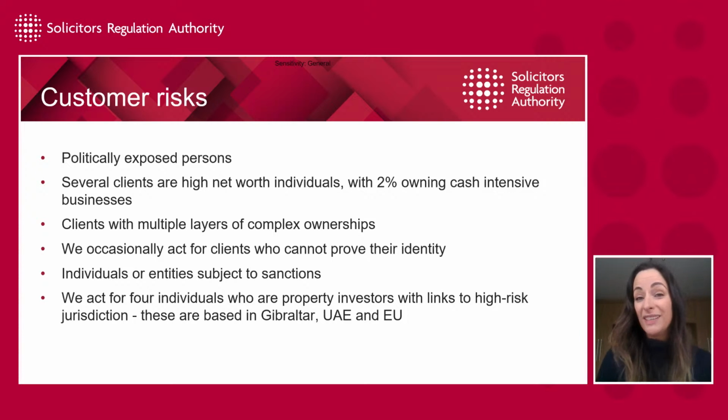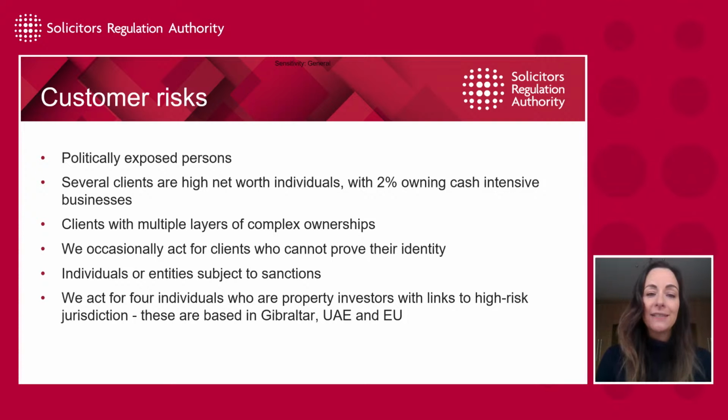Where that happens, we wouldn't consider this as being compliant, as insufficient information on that particular risk factor has been included. So what we want to see there is whether you do act for any politically exposed persons, and what controls you have in place to ensure that these are identified as early as possible, and that enhanced due diligence will be carried out in such circumstances, which, as we're talking about PEPs, must include source of funds as well as source of wealth checks.